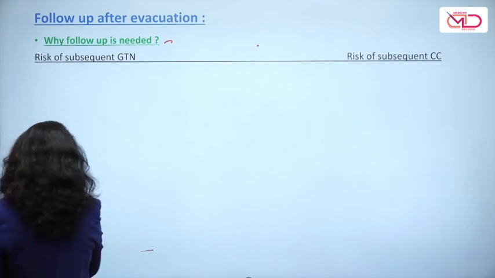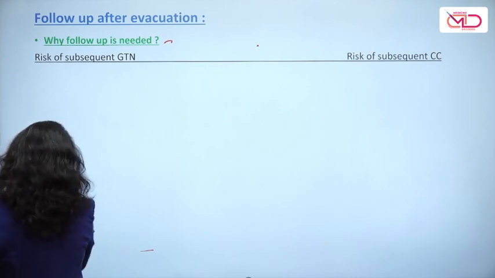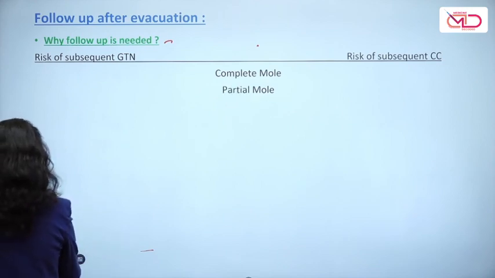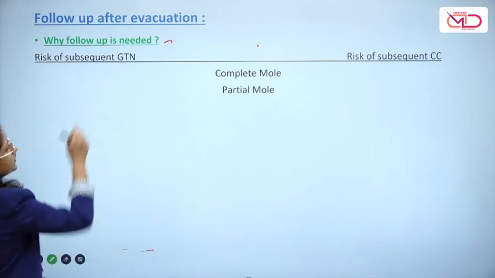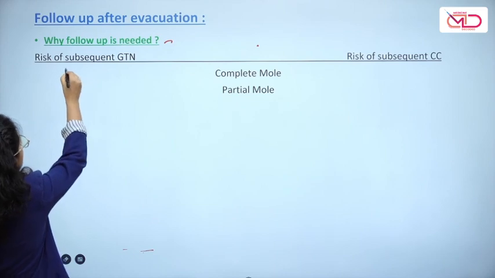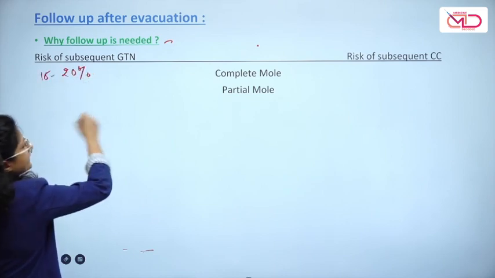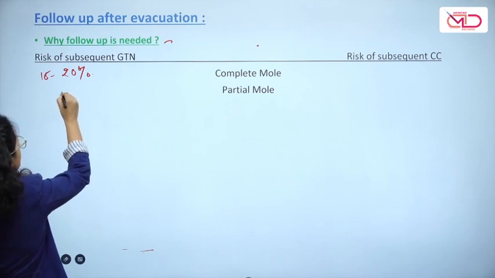So what is the risk of subsequent GTN with a complete mole or a partial mole? Well, the risk of subsequent GTN with a complete mole is about 15 to 20%, and that for partial mole is about 4%.